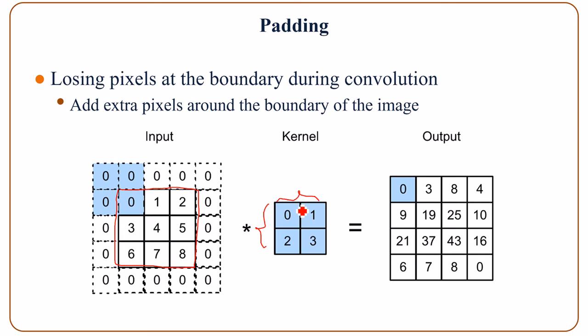In order to avoid losing pixels at the boundary during convolution, what we do is that we add extra pixels around the boundary of the image. So here we add pixels of 0 around the image, so that the size of the input image is now 5 by 5.